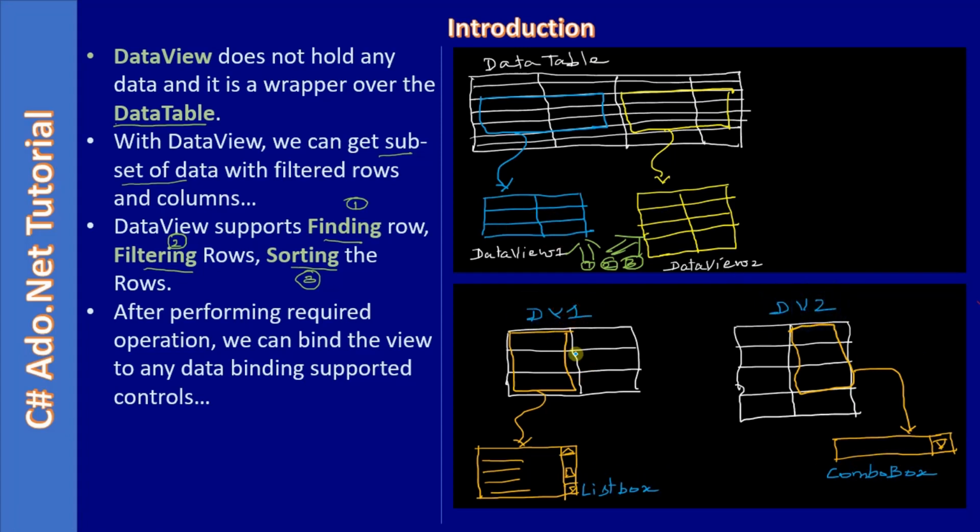Let's say that this is data view 1 and this is data view 2, and from this filtered data view we can pick a specific column and bind it to a UI control, a UI control that supports data binding. Using the data source property, you can bind a specific column from the data view. The same is possible in the second data view also. Here if you see, the first data view we bound to the list box, and the second data view we bound to the combo box.